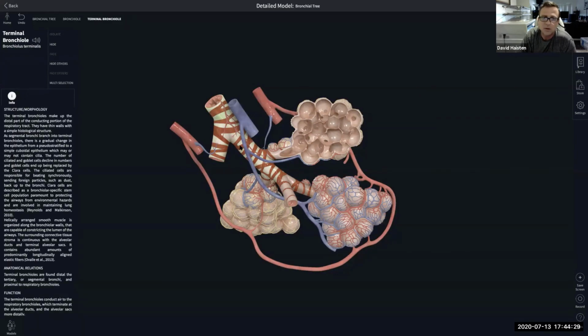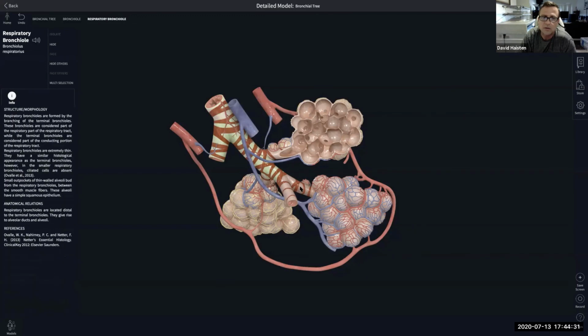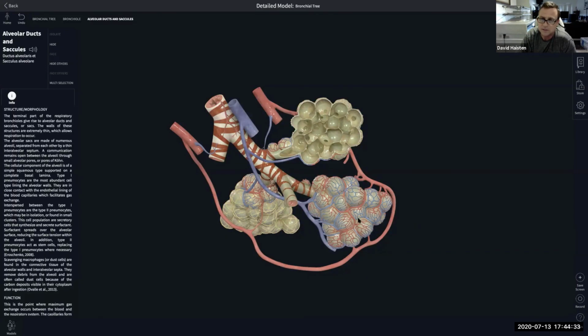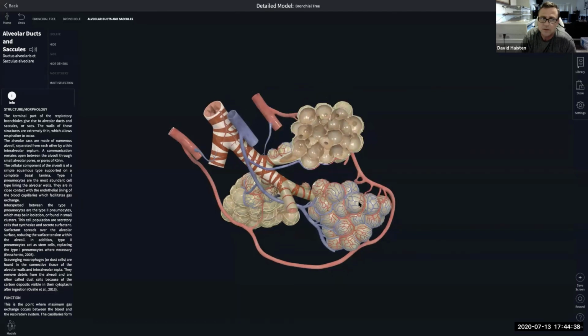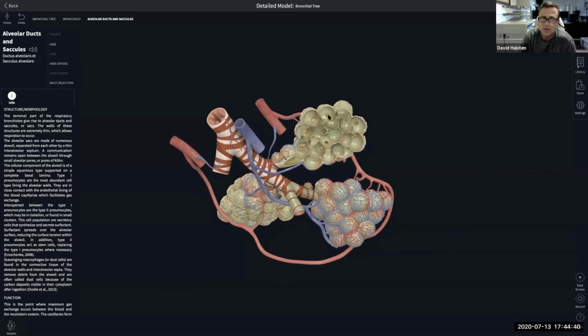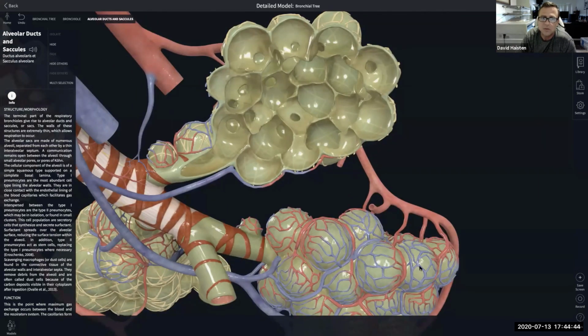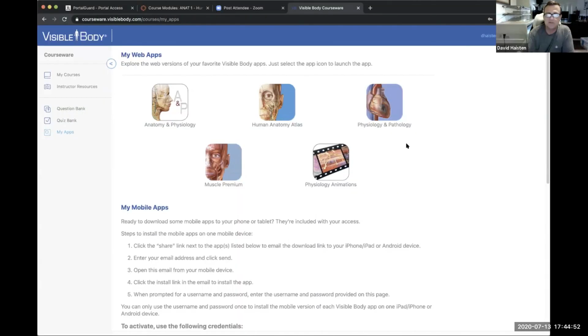So terminal bronchiole, respiratory bronchiole, alveolar ducts. We'd have alveolar pores. Okay. As far as the cells go, we're never going to get to look at those. Let's check this out and see if they fixed the typo.